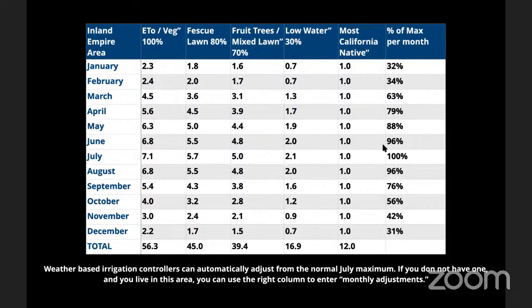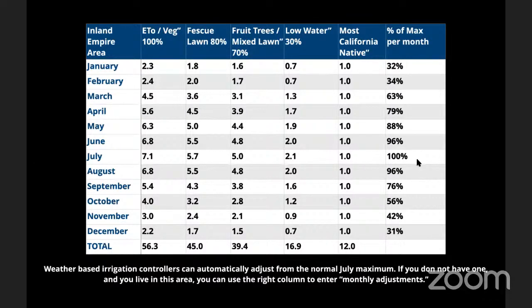But the vast majority of irrigation timers have what's called a monthly adjustment feature. What that means is that as long as you know the evapotranspiration numbers for each month of the year on average, you can then calculate what percentage of the maximum each of those other months is.